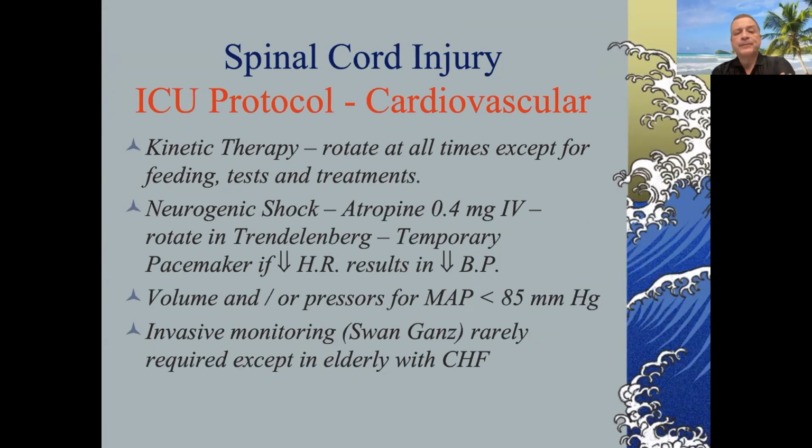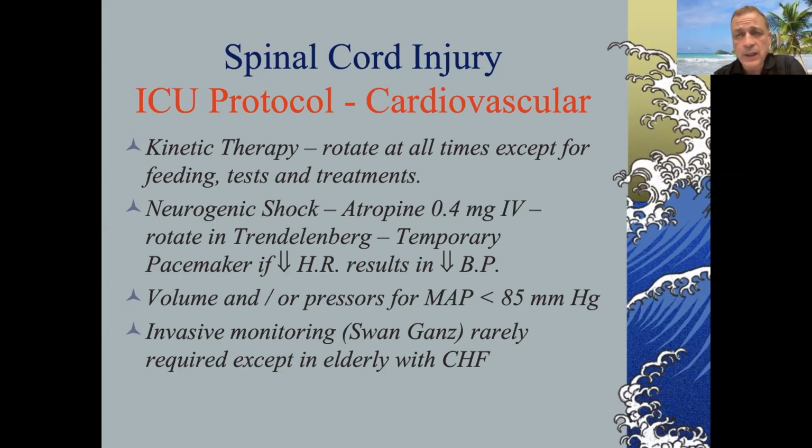And then the last part of the talk is really talking about how spinal cord injury affects every single body system, from the heart to the lungs to the urinary tract to the GI tract. And we're just going to go over the various systems and the impacts of spinal cord injury on those systems. We talked a little bit already regarding cardiovascular, that patients can have neurogenic shock, they can have bradycardia, they may need atropine or a pacemaker to increase their heart rate.